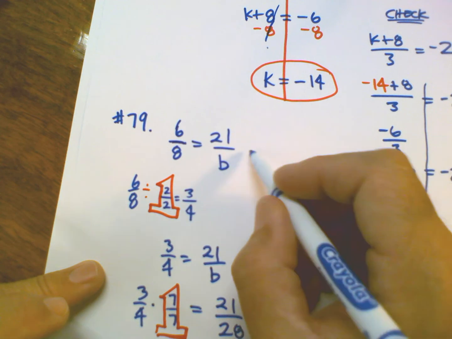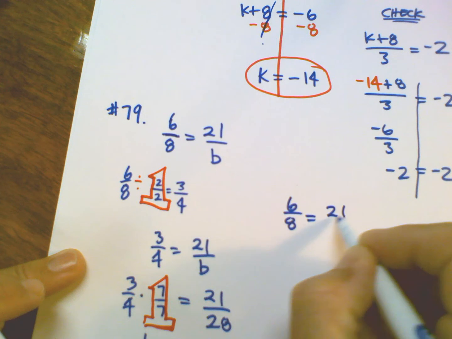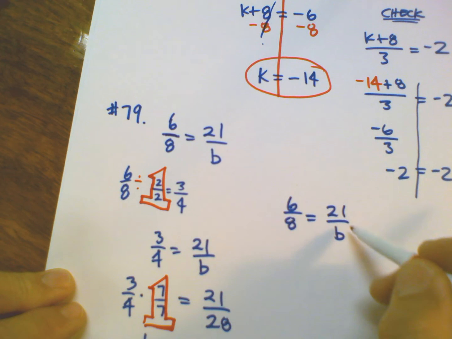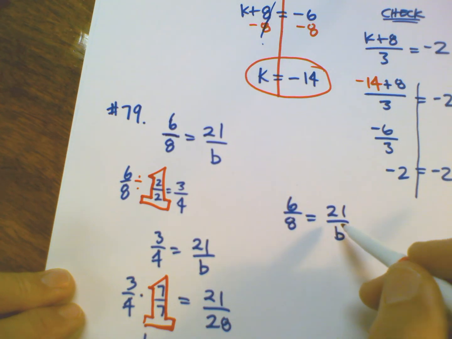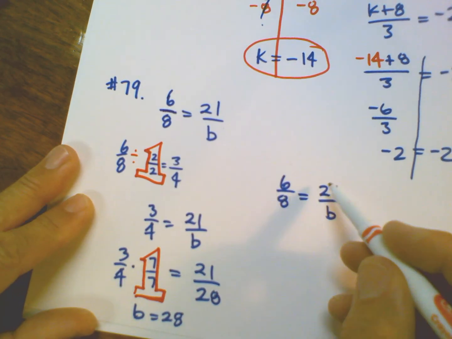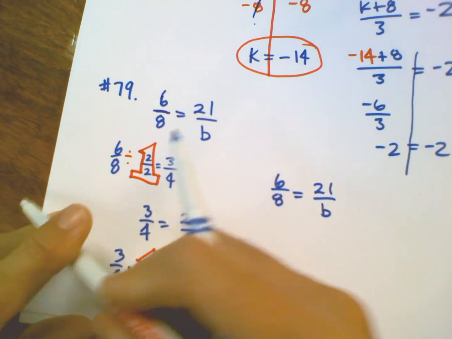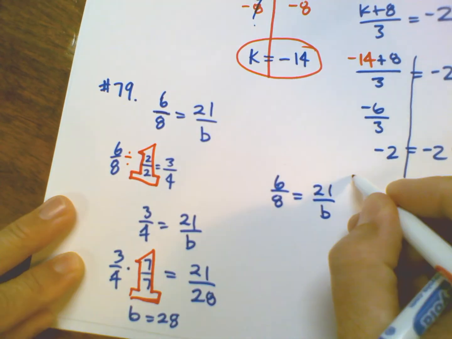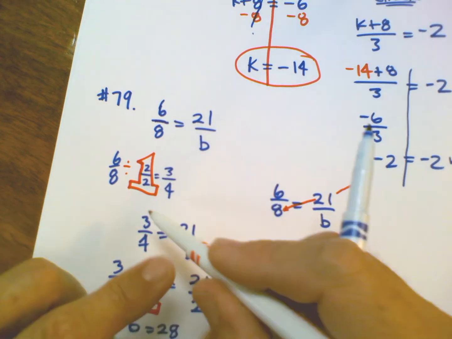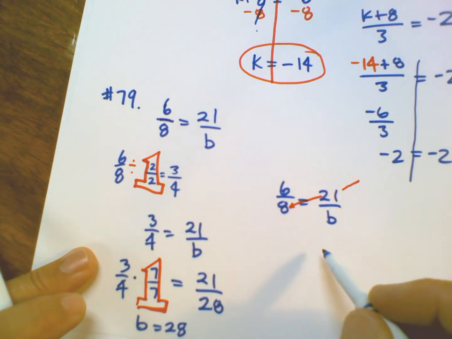Or another method would be to take this, and I'll do it over here, 6 over 8 equals 21 over b. Another way to get there when you're dealing with proportions or ratios is what they call cross multiply, and that only works when you have two equal ratios in that fractional form. Cross multiply is a little bit of a math trick, if you will. So it only works if there are two equal ratios.